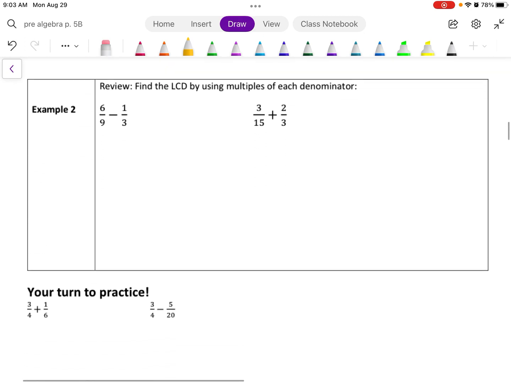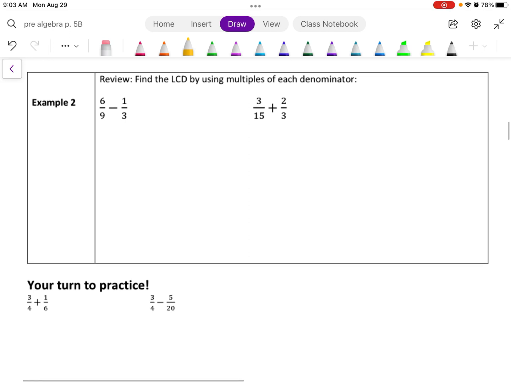All right, we have 2 more examples we're going to look at. Again, it'd be a good idea to pause the video and see if you can figure these out for yourself. So looking at 6/9 minus 1/3. Well, 9 and 3, let's think about this. 3 goes into 9, right? Because 3 goes into 3, 6, 9. So 9 is actually their lowest common denominator.